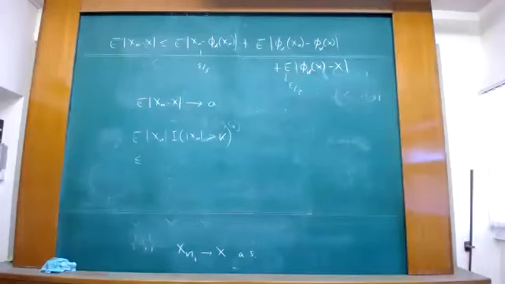I think the first expectation, you have 3 expectation terms. The first one cannot be bounded by epsilon by 3, because you want to choose n after you choose k, but you're trying to bound xn minus phi k of xn.